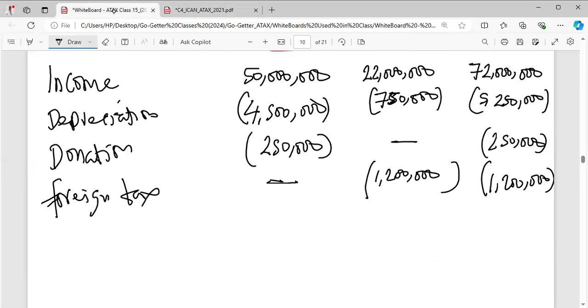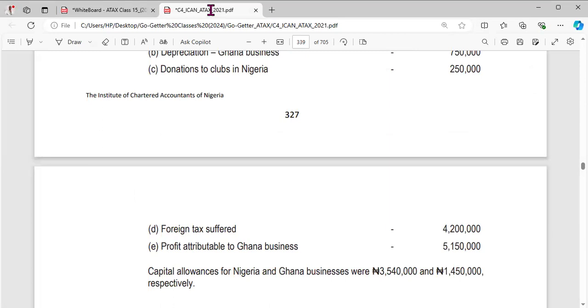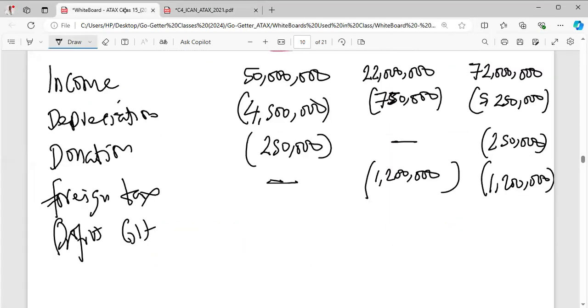Profit Ghana, what do they call it here? 5,150,000.